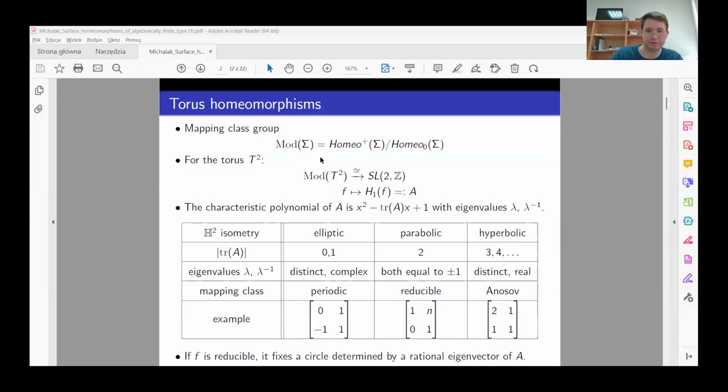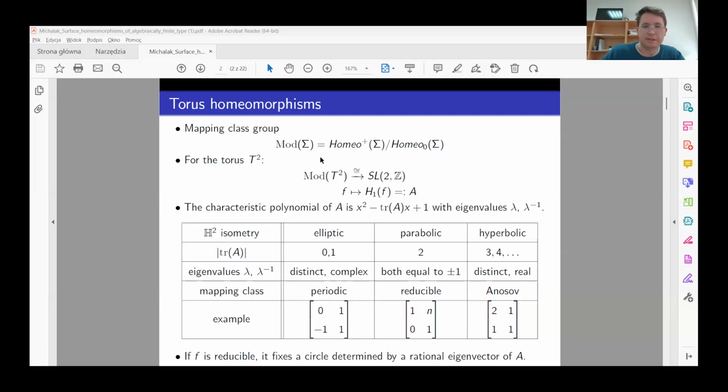In this presentation, I will restrict to orientation-preserving homeomorphisms, divided by the isotopy relation. So we can think about it as dividing this group by the homeomorphisms which are isotopic to the identity.